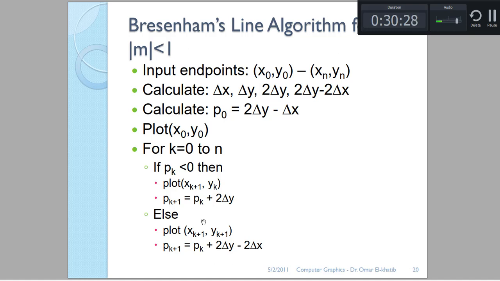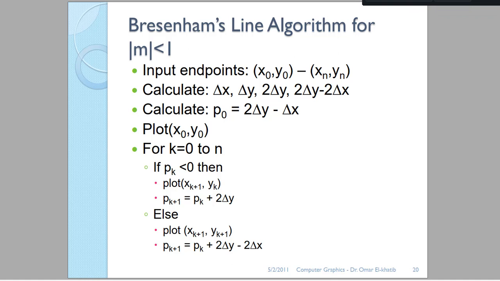The condition is like this. For Bresenham's line drawing algorithm, we define it for m less than 1. Similarly we can define it for m greater than 1, but just consider m less than 1 for the time being. We input 2 points, (x0, y0) and (xn, yn).